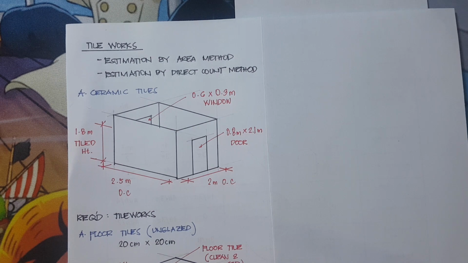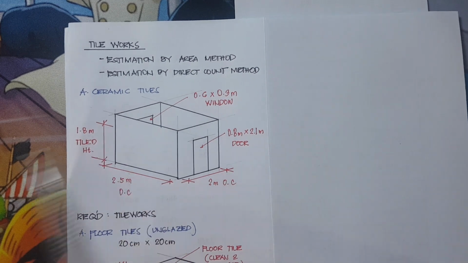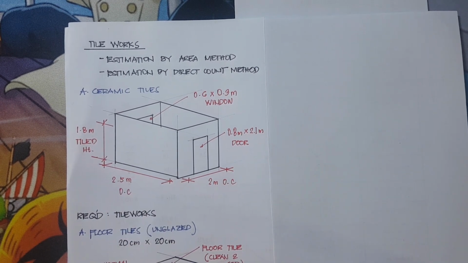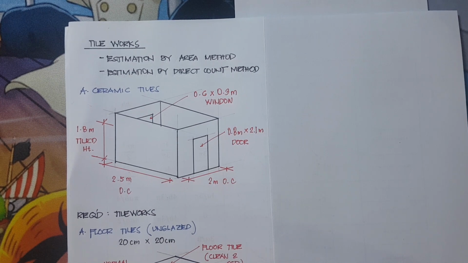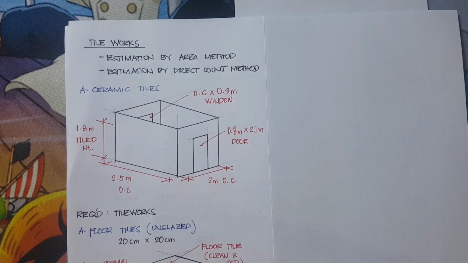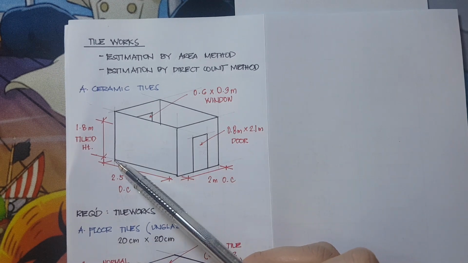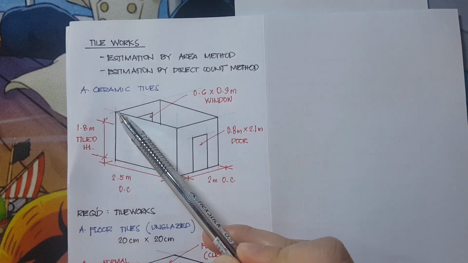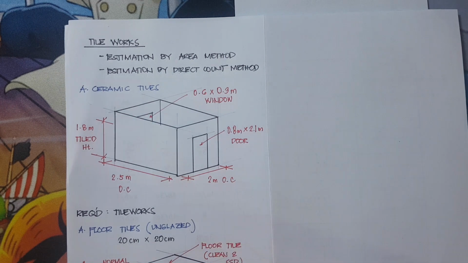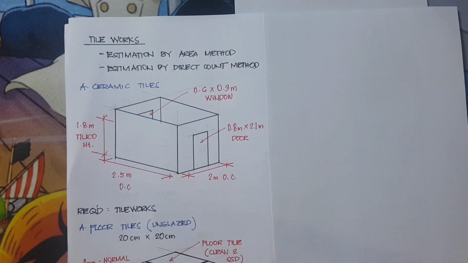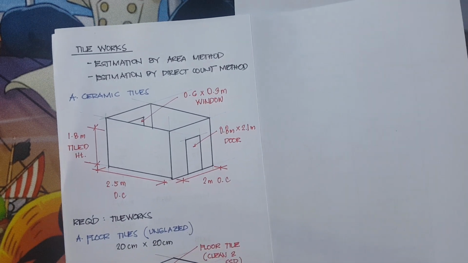Okay, so tiled height. But in the modern practice, ginagamit na natin yung tinatawag nating ceiling height. When we say ceiling height, from slab to ceiling ng wall, merong tiles. Okay? So, mamaya, pupuntahan natin yan with our example.